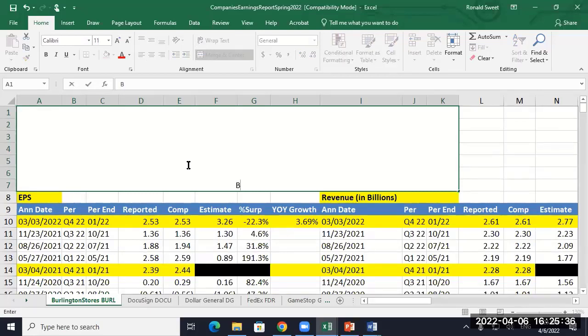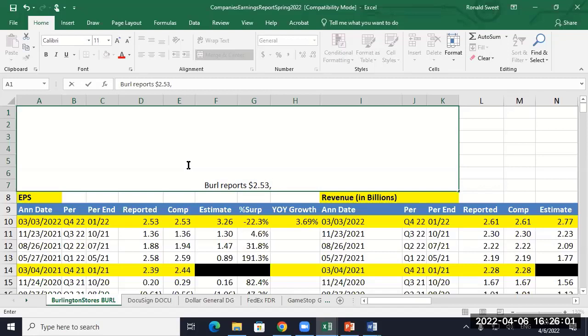So Burlington reported $2.53. Which one would you go to first? What do you think the market's most focused on? Last year's or the estimated? The estimated, right?